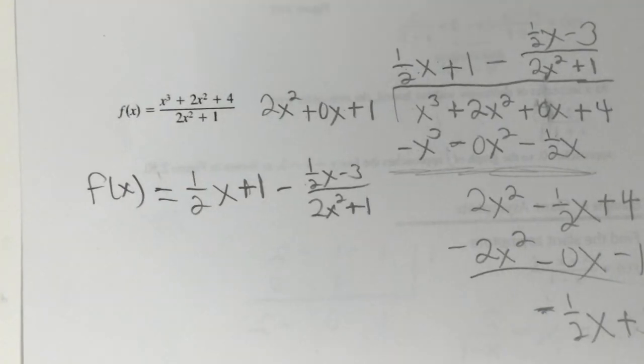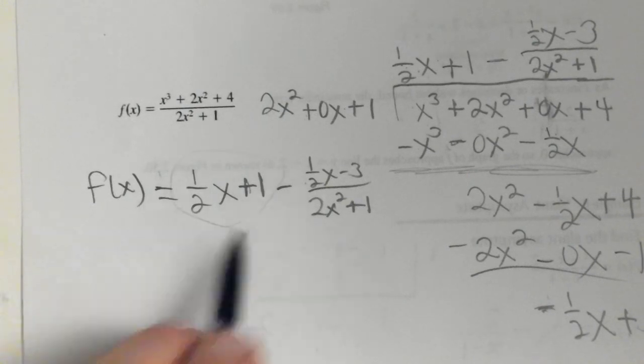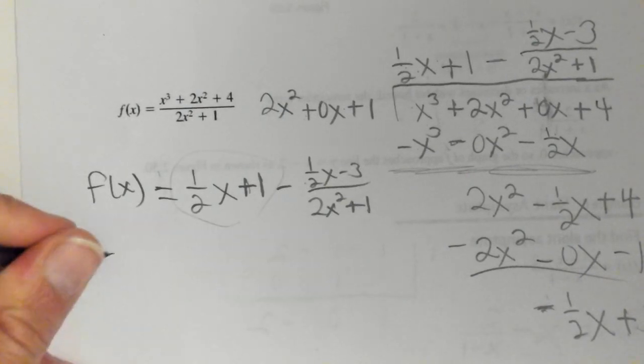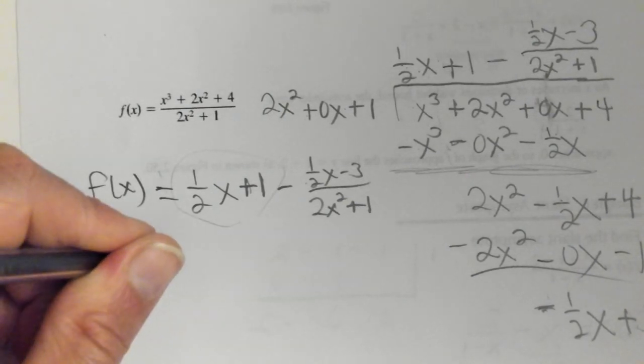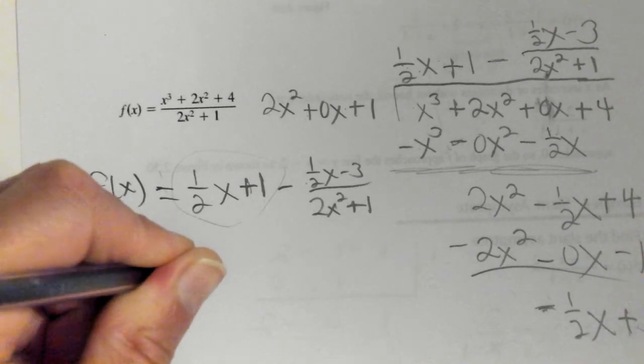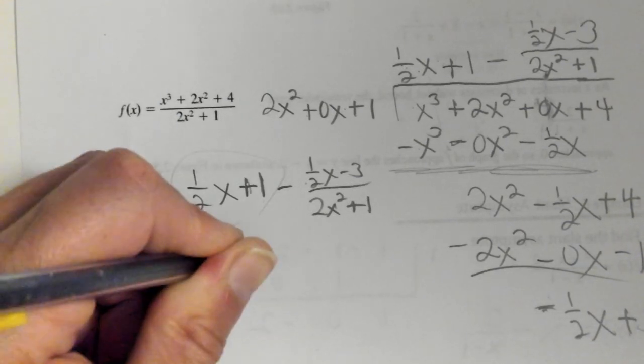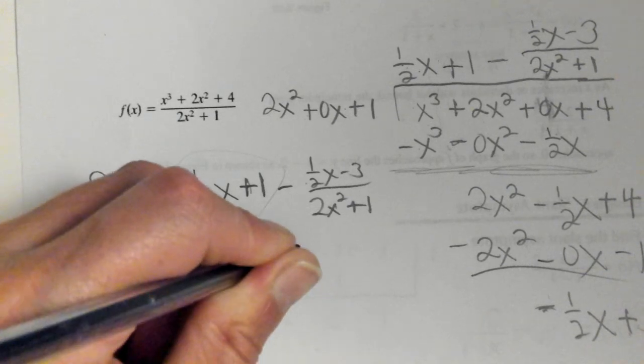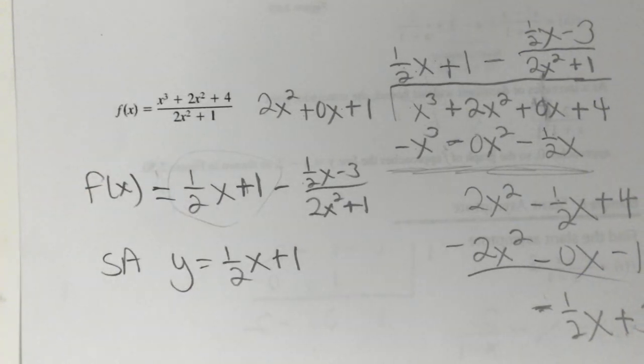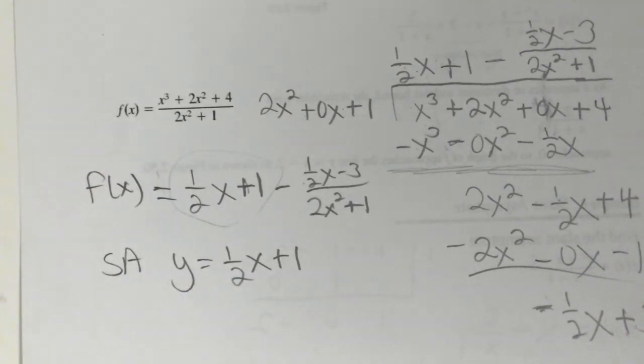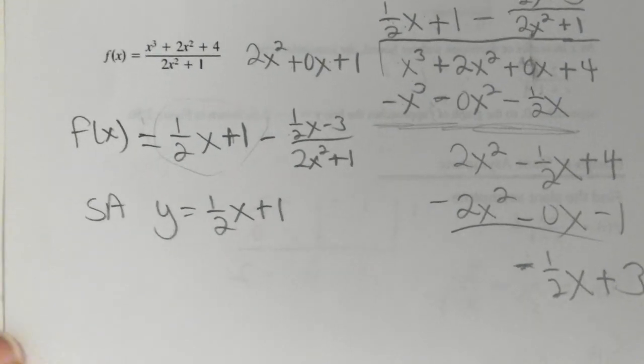Alright, now which part of this is the slant asymptote? The part before the remainder. So my slant asymptote is actually y equals 1/2 x plus 1. Alright, so there we go. Okay, good to go.